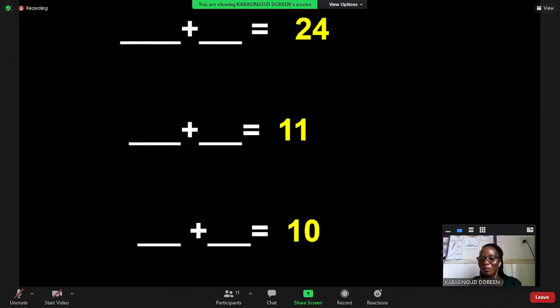Dash plus dash is equal to 24. What do we do? The procedure is the same. We first get the place values of the numbers, and then we'll see where we can put them.